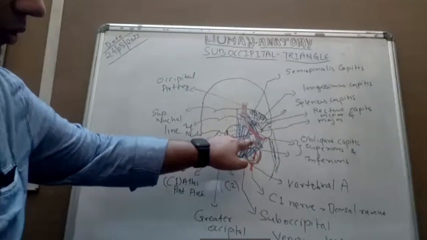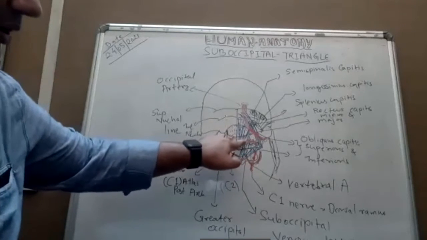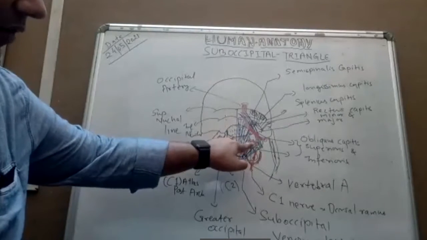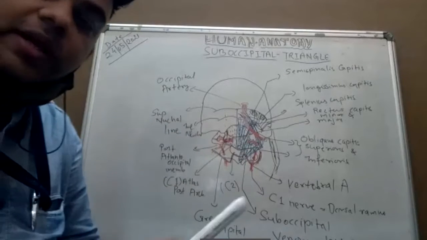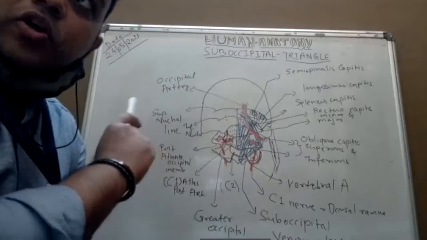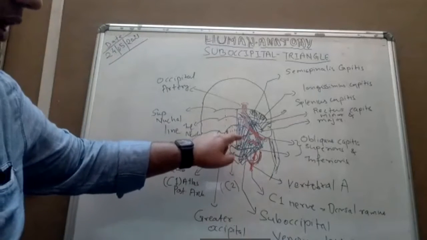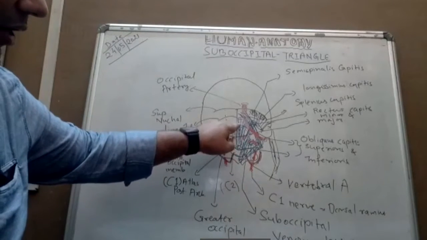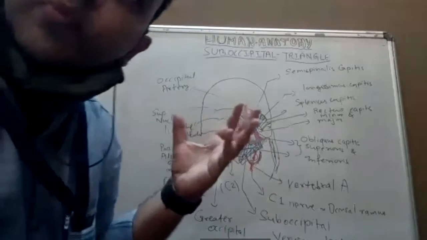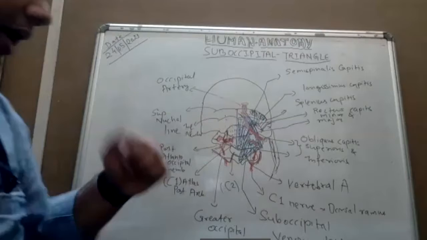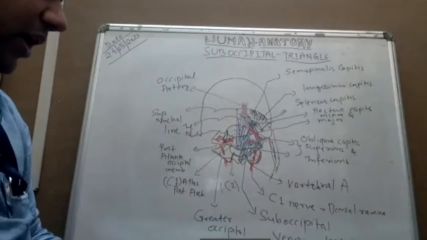So that is the third part of the vertebral artery, between the first cervical vertebra and the foramen magnum. This third part of the vertebral artery is the content of the suboccipital triangle. And from here, through the foramen magnum, it will enter the posterior cranial fossa as the fourth part of the vertebral artery.